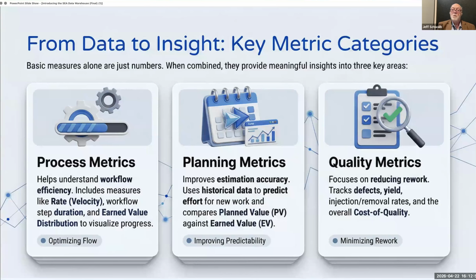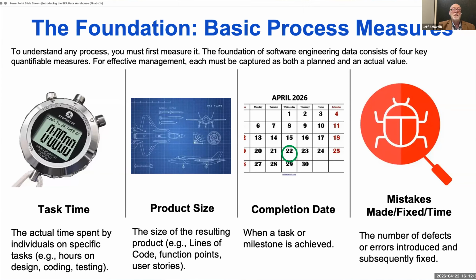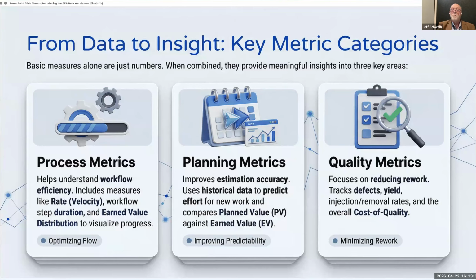And so this foundational data in these 4 areas, planned and actual, is what provides these metrics in these 3 major aspects: the processes that we use and the metrics associated with them are based on planned and actual data. And how do we increase the performance of those processes? There's metrics here for that.